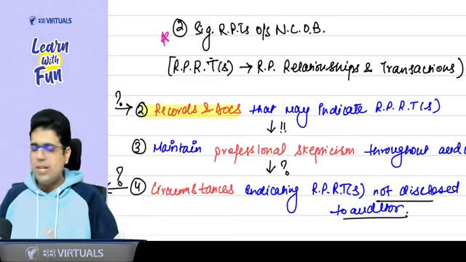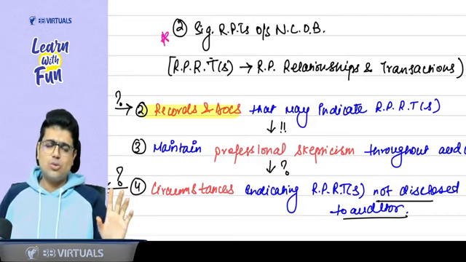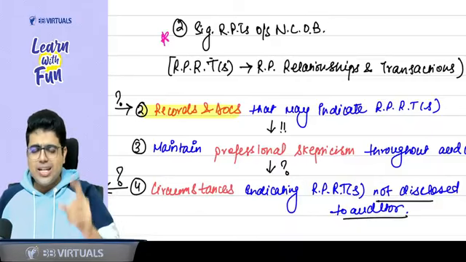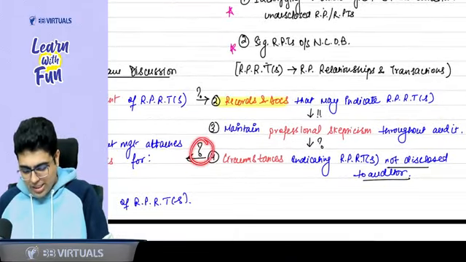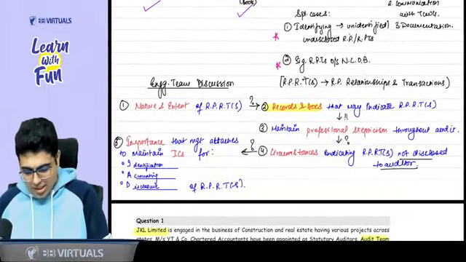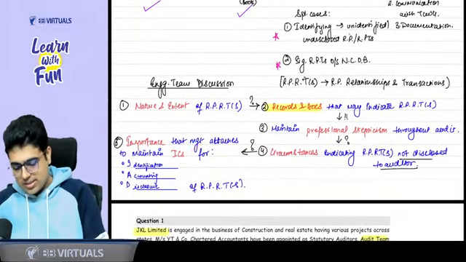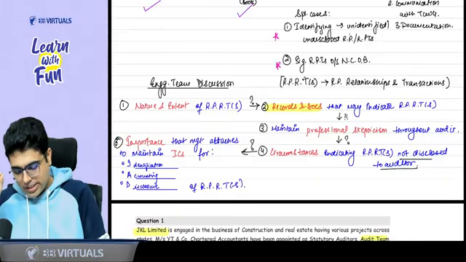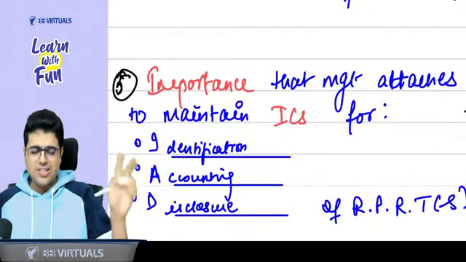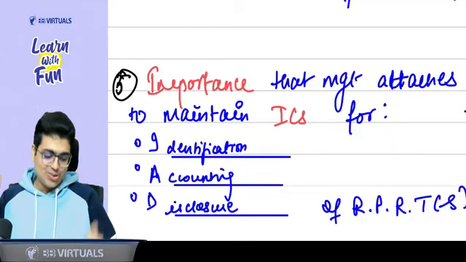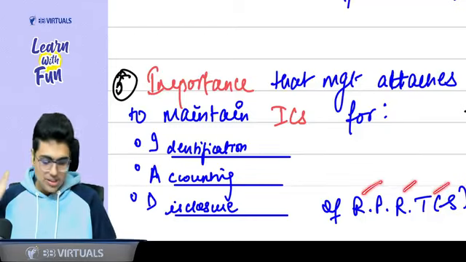If some RPRTs are not disclosed to the auditor, it brings into question the entity's internal control. So the last thing you discuss is the importance attached to internal controls for those three magical words: identification, accounting and disclosure of related party relationships and transactions.